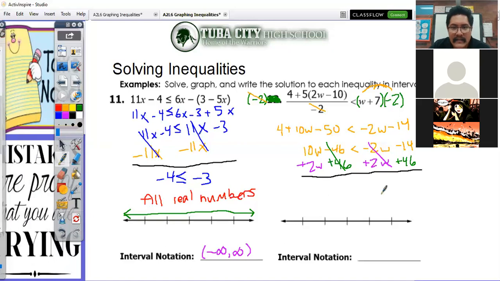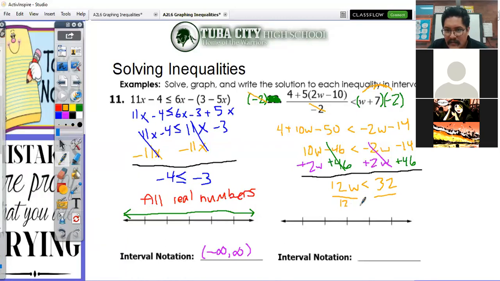All right, and then go ahead and combine, so 10 and 2 is 12. 12w less than, and here I'm gonna get 32. 6 minus 4 is 2, 4 minus 1 is 3. Okay, yeah, that works.